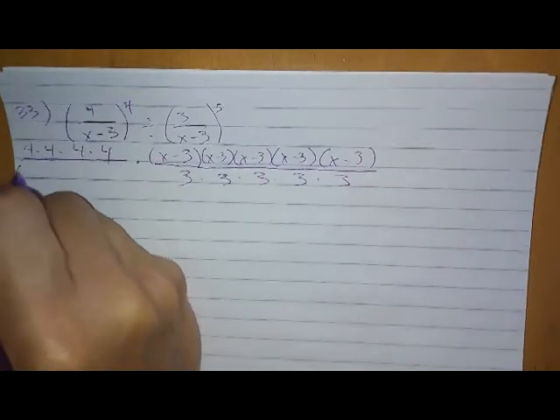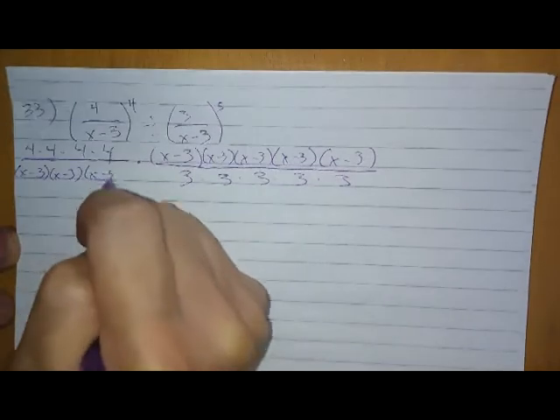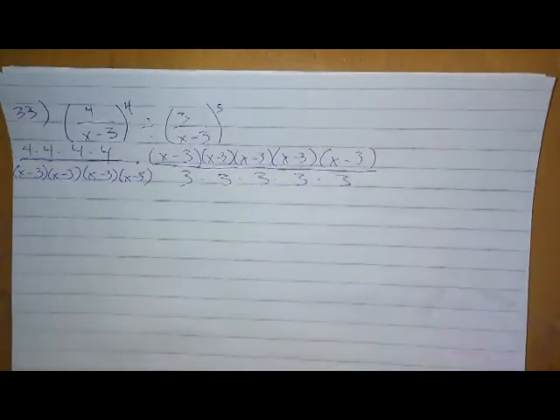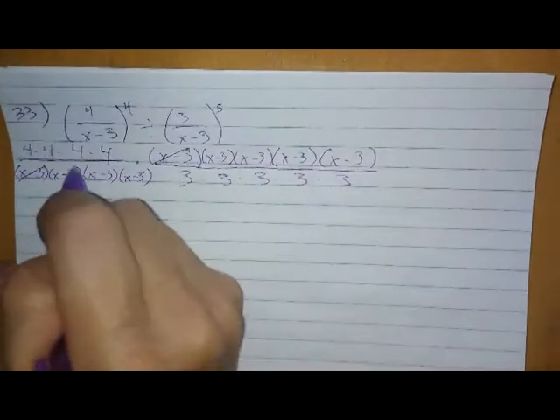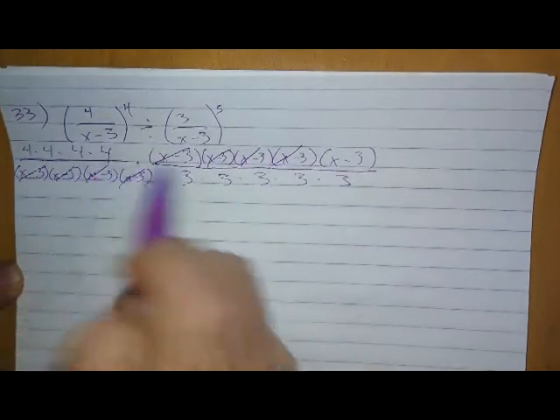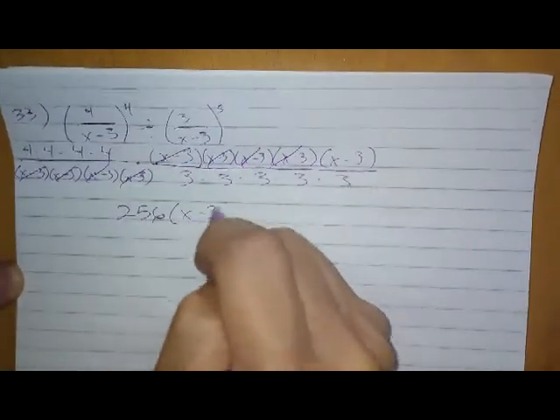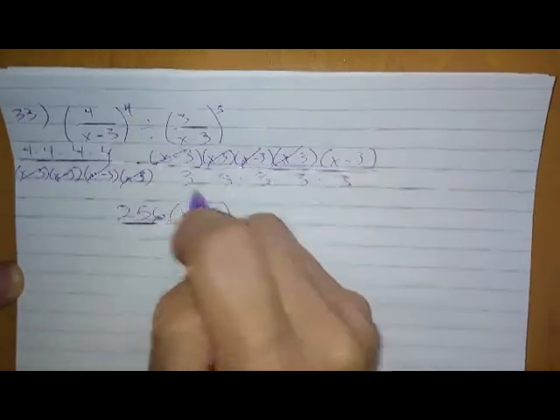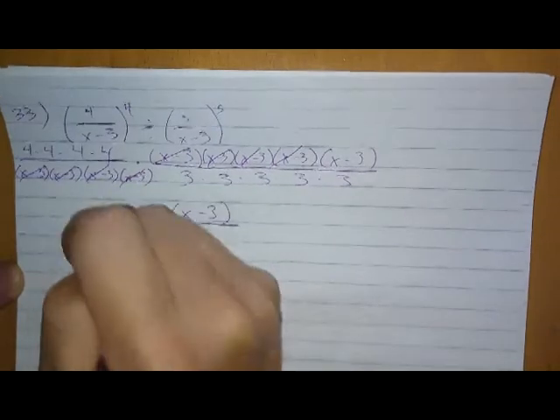Oh shoot. x minus 3, x minus 3, x minus 3, x minus 3. Actually, I just did that on purpose. I like the canceling. This will cancel. 2, 3, 4, 2, 3, 4. Okay, so now I have 4 times 4 times 4 times 4. That's 256. x minus 3 over 3, 3, 3, 3, 243.